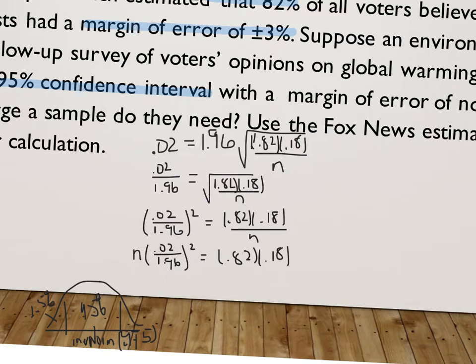And then you divide both sides by 0.02 divided by 1.96 squared.